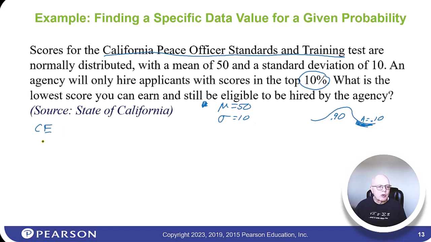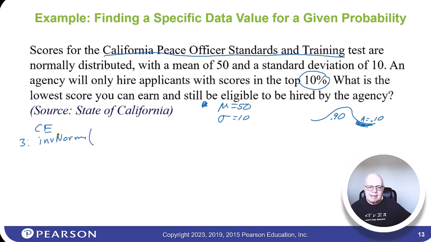So the way you're going to do it, we want a value, an X value in this case. So you're going to go to the distribution menu, pick up inverse normal. Remember, that's option number 3 on that menu. First of all, you put in the area.